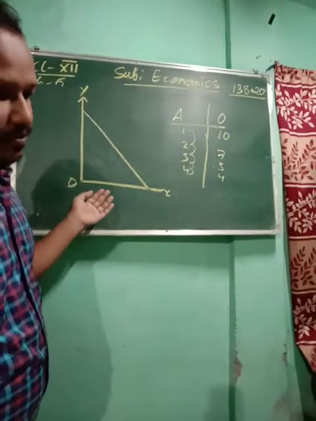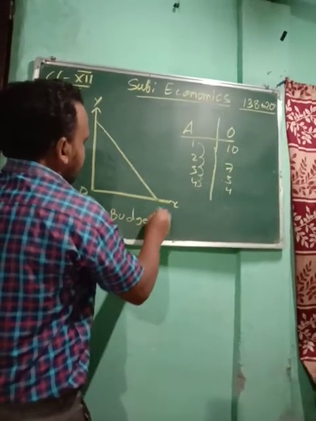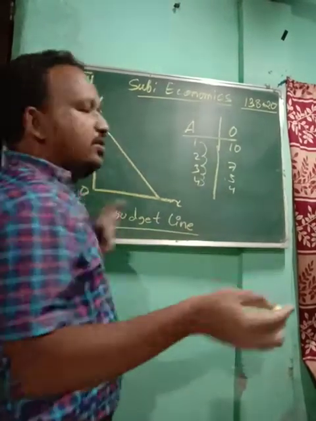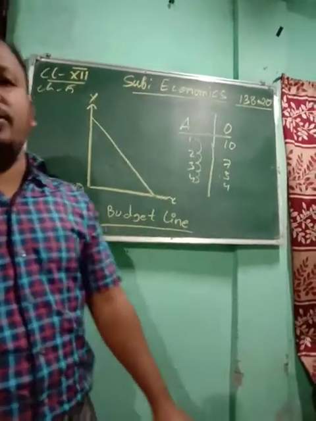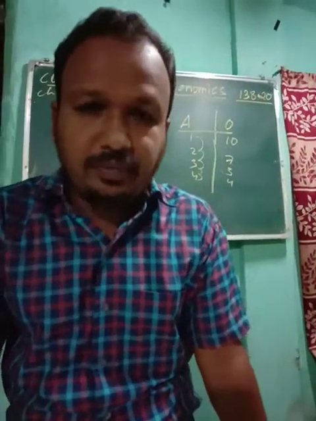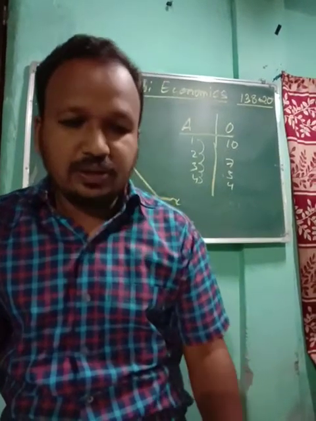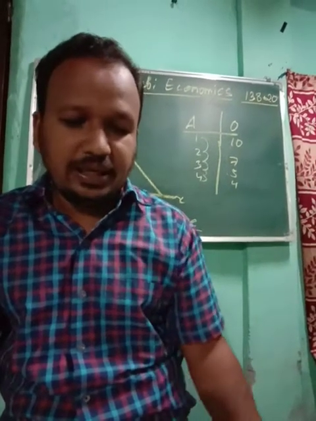This type of diagram is said to be your budget line. With only the definition and a simple diagram, made very properly, you will get 2 out of 2. So this is about your budget line.